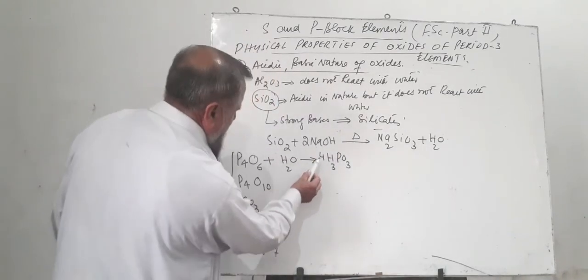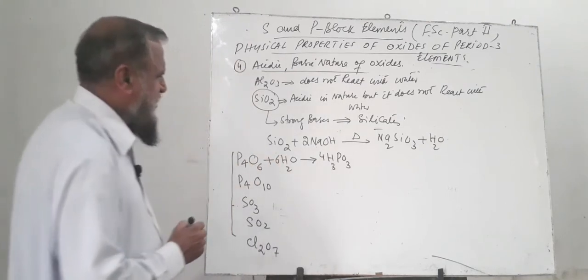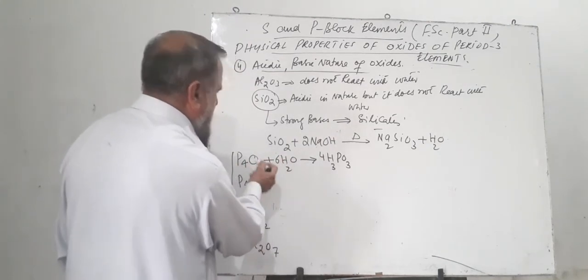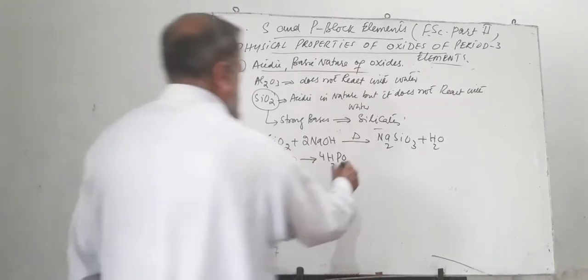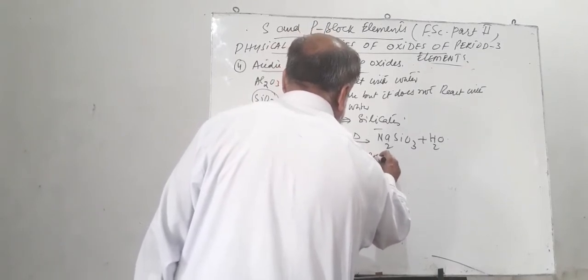We will balance this equation. We have 12 hydrogen, therefore it will react with 6 water molecules. We have 12 oxygen and here we also have 6 plus 6, 12 oxygen, 4 phosphorus and 4 phosphorus.